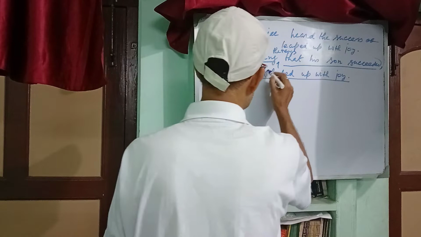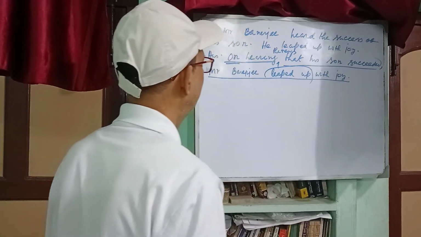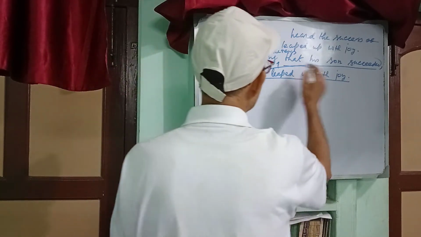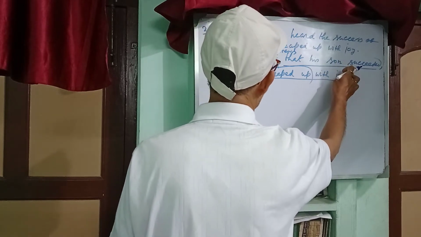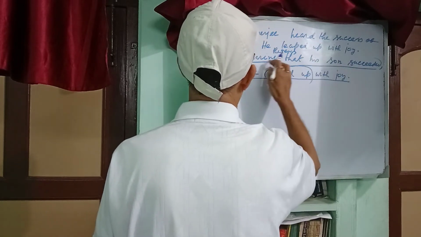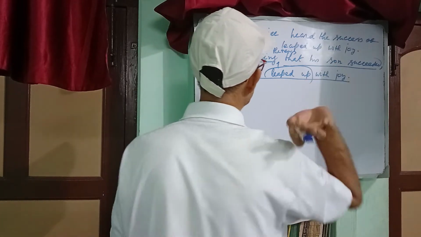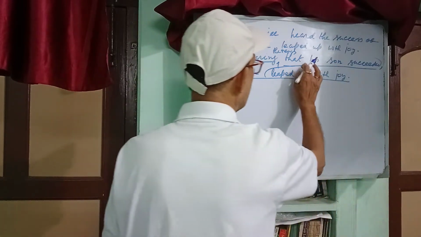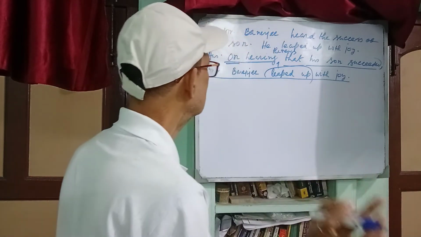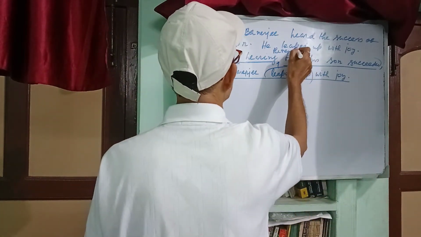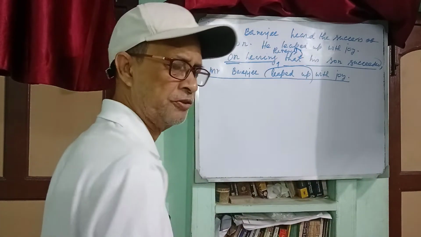You see that leaped up is the finite verb. And that his son succeeded is a subordinate noun clause. On hearing the news, Mr. Banerjee leaped up with joy is the principal clause. That his son succeeded, subordinate noun clause, and noun in opposition to news.